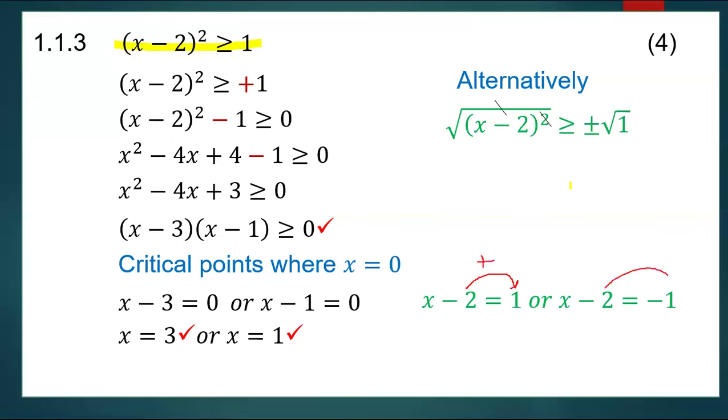You'll take this 2 to the other side, it's negative, it'll become positive. You'll end up having x is equal to 1 plus 2, or x is equal to negative 1 plus 2, which will ultimately give you x is equal to 3, or x is equal to 1. We call those critical values. These are the values where x will be equal to 0. You need to draw the timeline with those critical values, starting with those critical values.